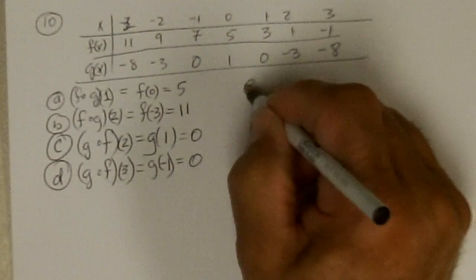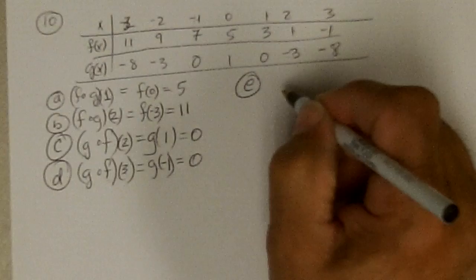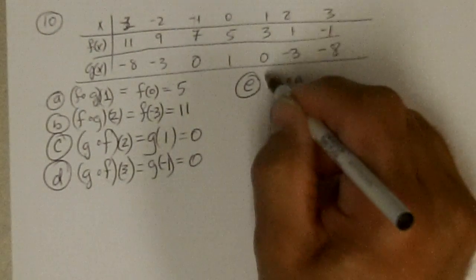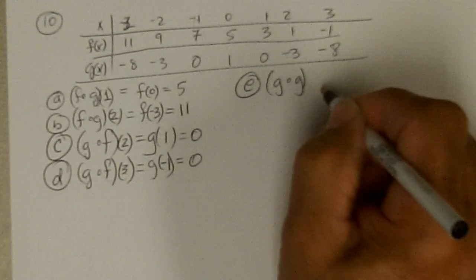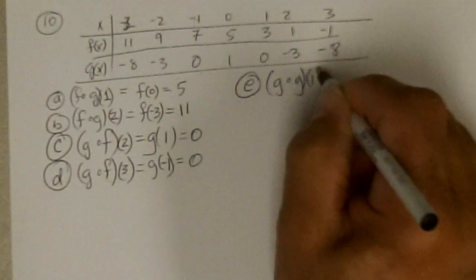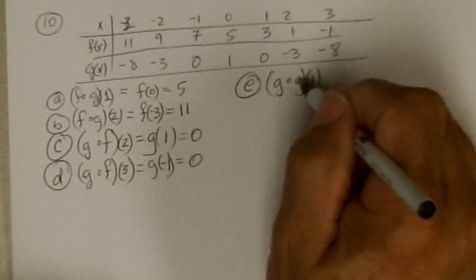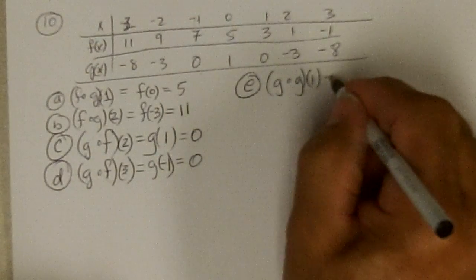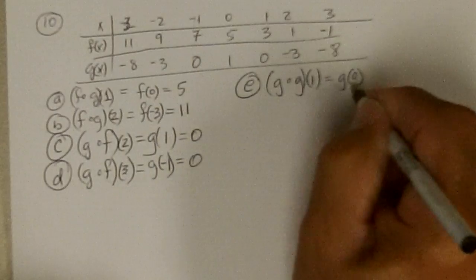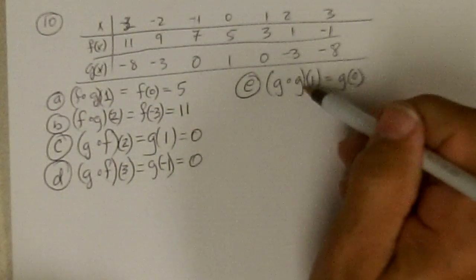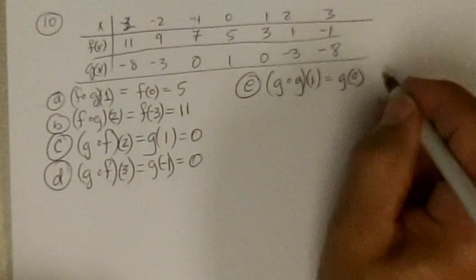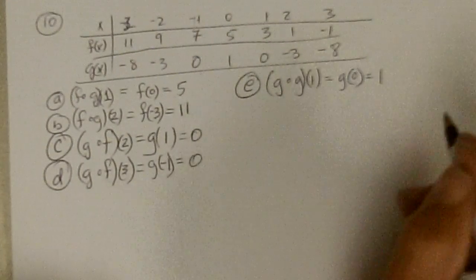Excuse me. Now we'll do E. E says find g composite g of 1. So we put 1 into g. 1 into g gives us 0. So then we take that 0 and put it into g. So we put 0 into g, we get back to 1.